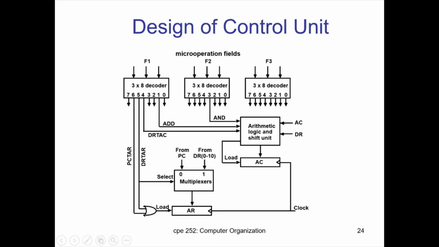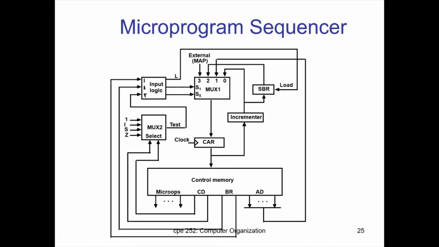You want to verify your password, OTP, the control unit has the power. And the sequencer, everybody knows, is the one-by-one execution of data with the help of control memory, multiplexer and incrementer. The sequencer decides which to be executed first and which second.